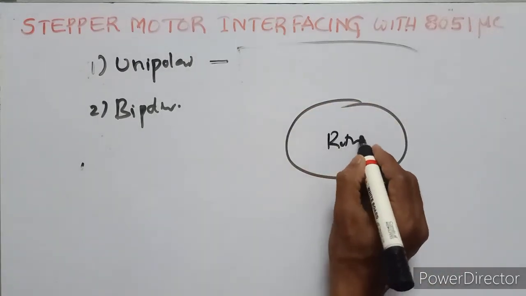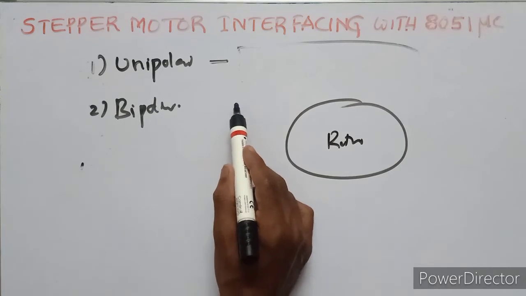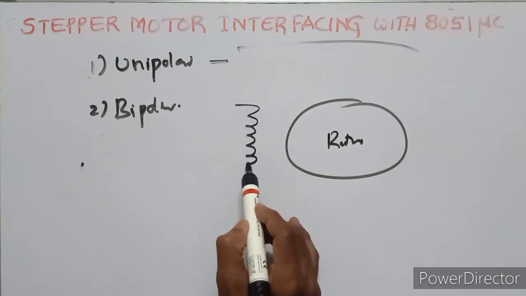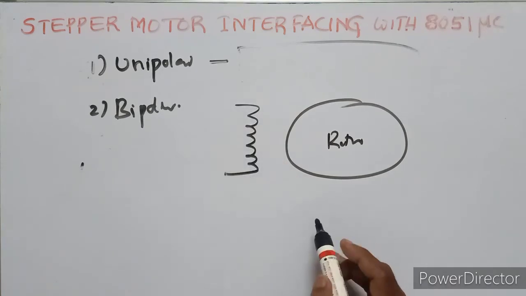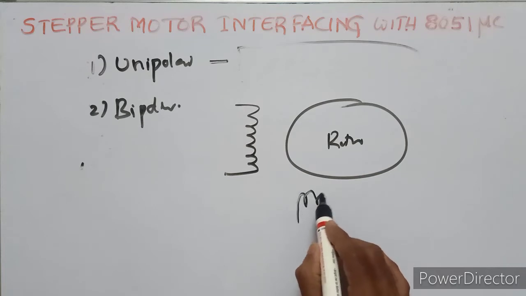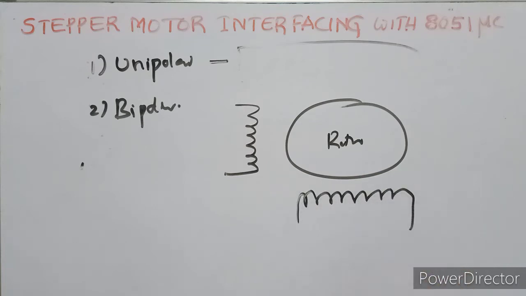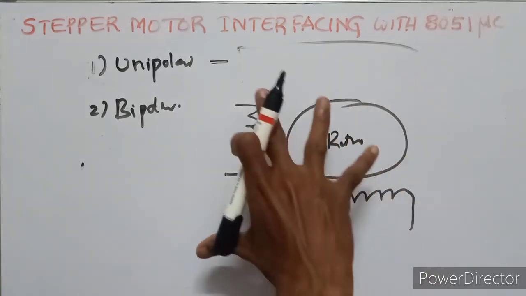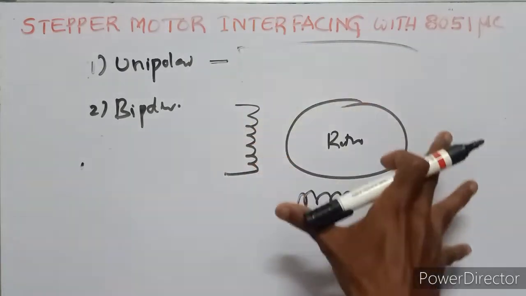As shown in this figure, this is the rotor, and these are stator windings. For example, there are 6 wires or 5 wires.